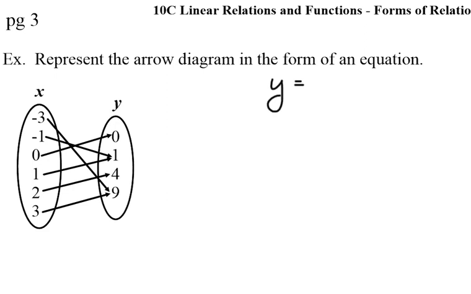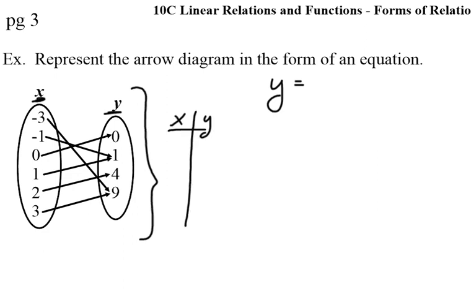So what's another way we can represent the association, the relation between my set of x elements and y elements? Well, what about a table of values? I can just transfer this to a table of values because a table of values will probably help us come up with an equation. So what do we have?